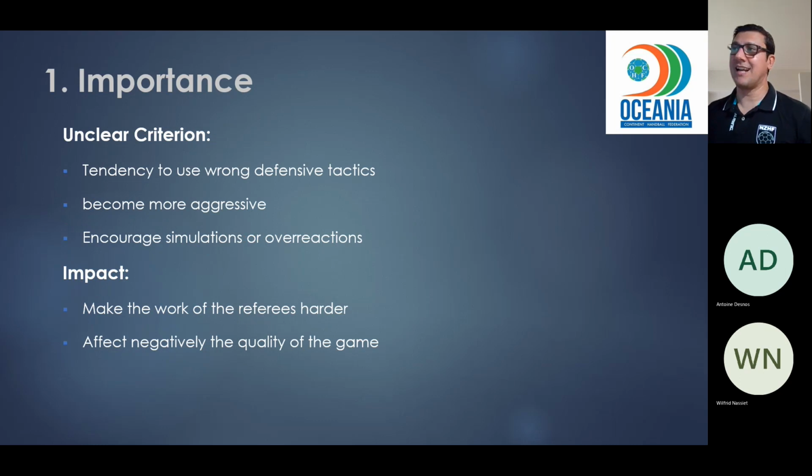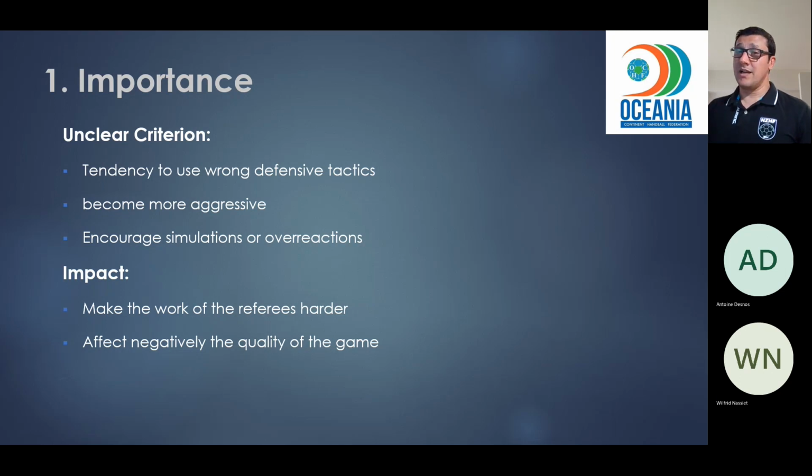When we don't have a clear criteria, then the defender is going to try to use the wrong techniques to defend, or the attacker is going to try to use the wrong attacking techniques as well. It can be dangerous. The attackers and the defenders can become more aggressive as well.